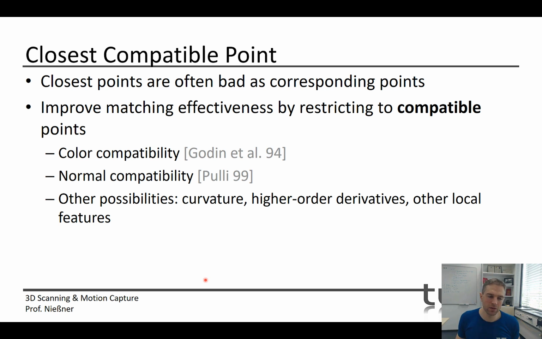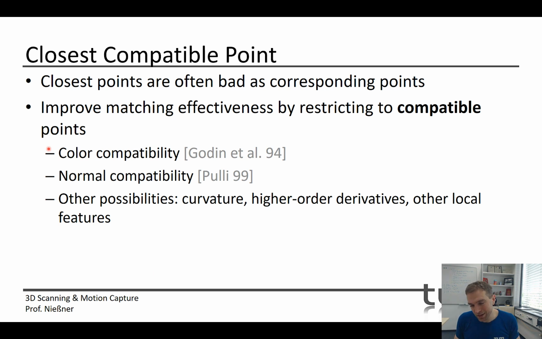The simplest thing you can do is look at the color values around it. Color values could be straightforward: you just check literally the color value at this point. You could also check the color neighborhood, with some sort of sum of squared distances of the colors. You could even go more crazy and compute a SIFT feature for every point, and then find which one is better based on the SIFT descriptors.